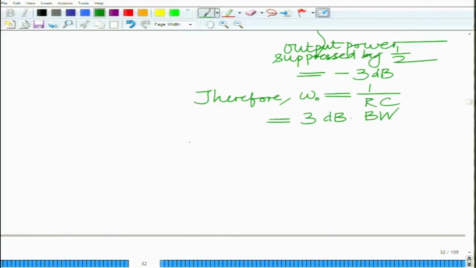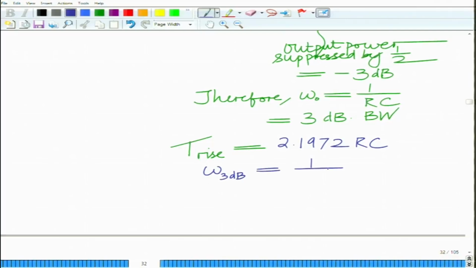Remember, the rise time equals, as we have just seen, 2.1972 times RC, and the 3 dB bandwidth omega 3 dB equals 1 over RC.